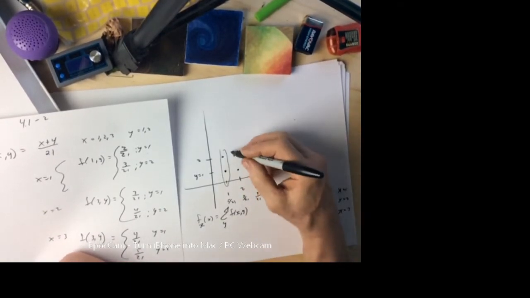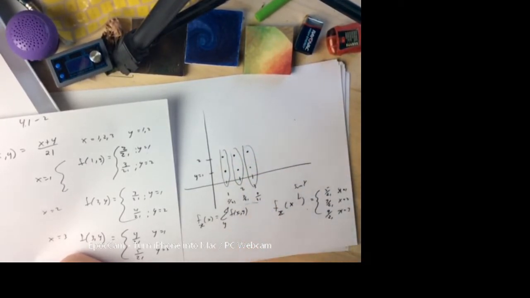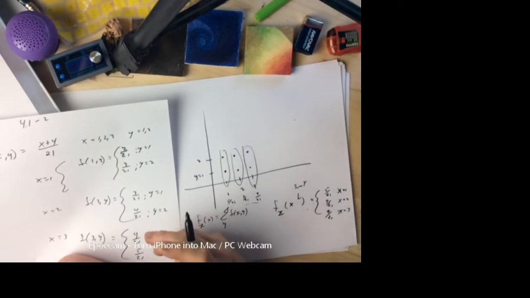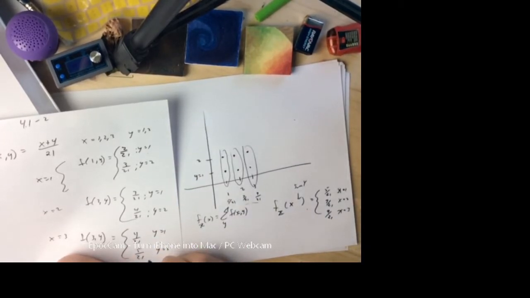This is kind of neat. These sums over the y variables actually produce a probability distribution for a given value of x over all of its possible values of y.